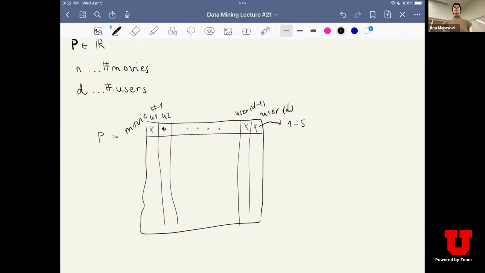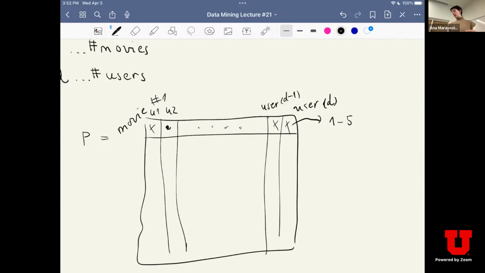But we know that people are different, right? So this is not really a great way to do it. Maybe the average score is 4, and now we say user 2 would rate this movie with 4 stars, which is actually kind of high, so I am going to recommend this movie to this person.